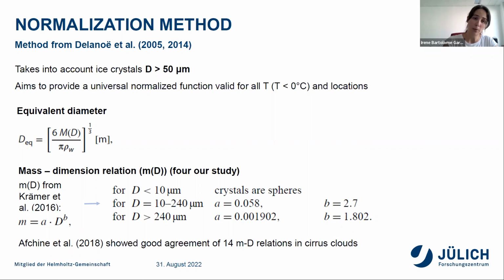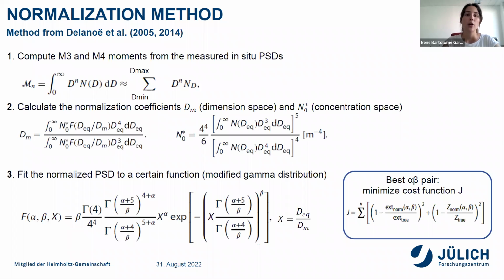So now that we have the equivalent diameter with the mass dimension, the next step would be to compute moments. In the case of this method, the interesting moments are 3 and 4 that are computed from the in situ PSDs. And these moments are chosen because these are the ones that define the normalization coefficients. So one is the mean volume weighted diameter, or Dm, that is the ratio between the fourth and the third moment.